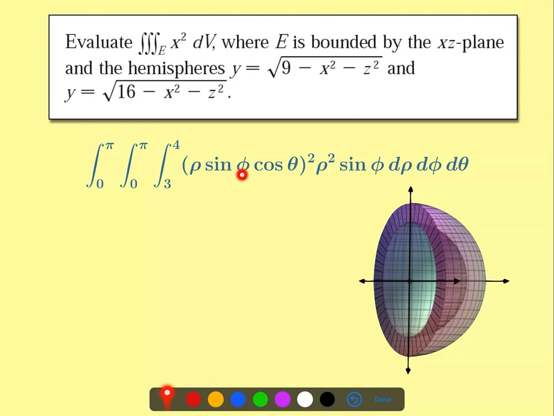And so I have r is rho sine phi, and then I have the cosine of theta here, r cosine of theta for x. I want to square x, so I'm putting a square there. And the dV is rho squared sine phi d rho d phi d theta. So that's the triple integral. That's the setup. We want to calculate this, but that's how we set it up.